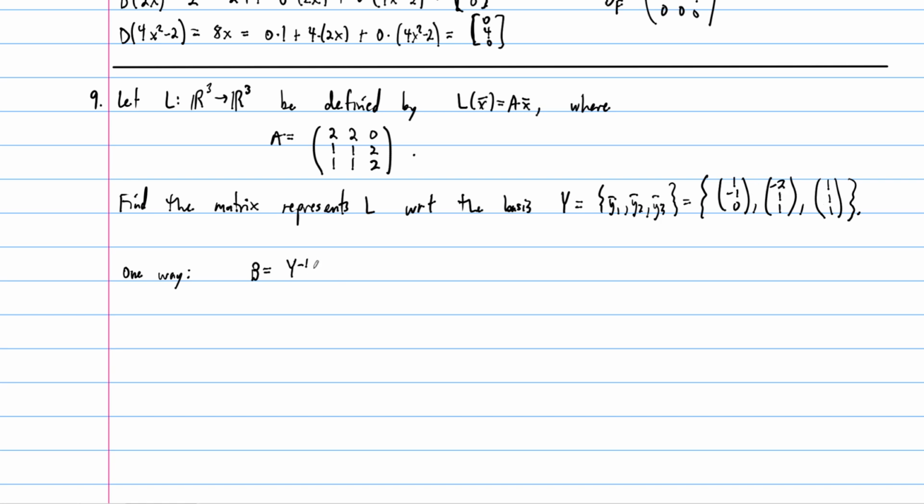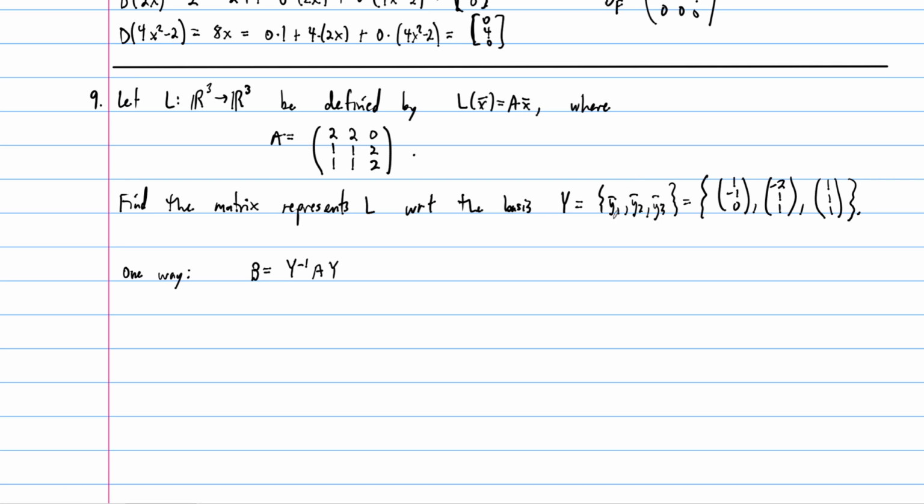So that's one way, but that requires us to actually find the inverse matrix of y and then do some matrix multiplication. There's nothing wrong with that at all, okay?